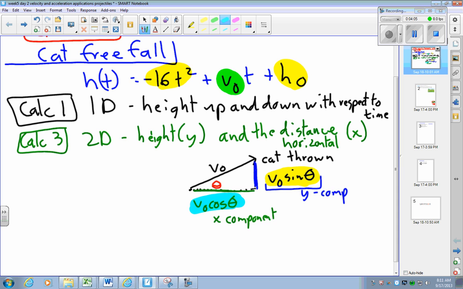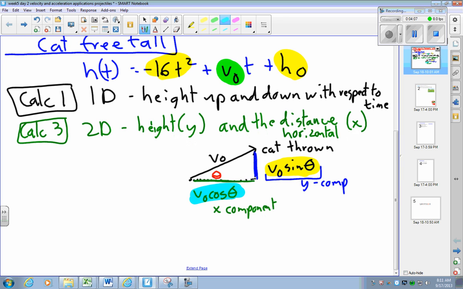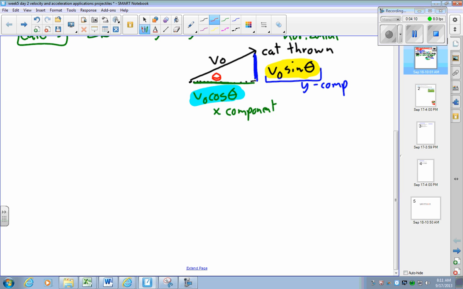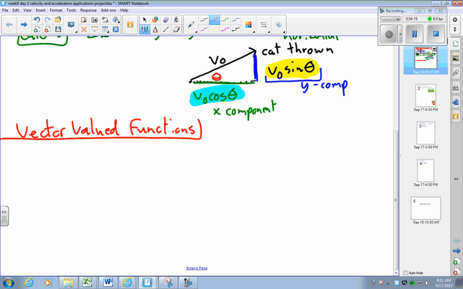Okay? So when I pull this all together for vector valued functions, you can say this: r of t equals, so the x component is only that blue highlighted part, so you'd say v naught cosine of theta times t.